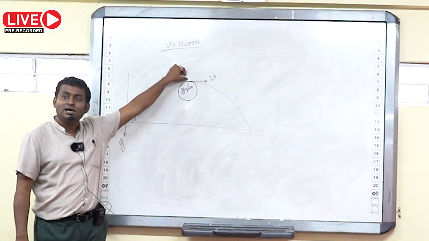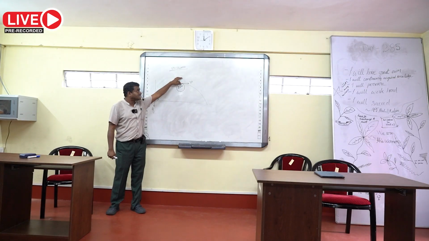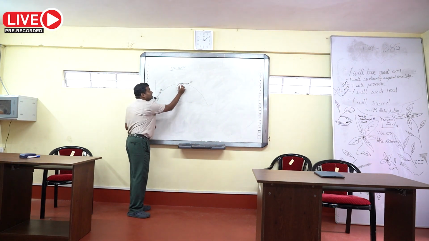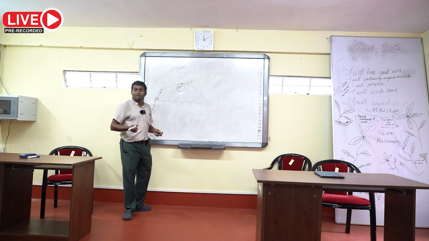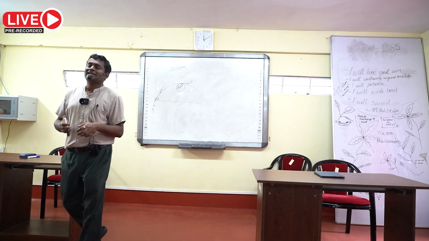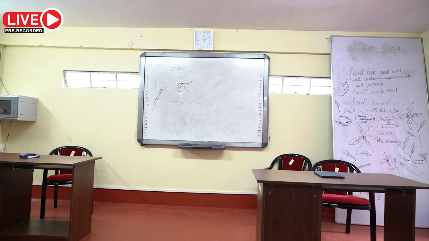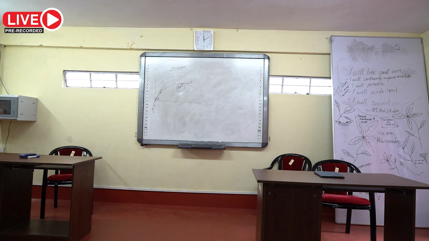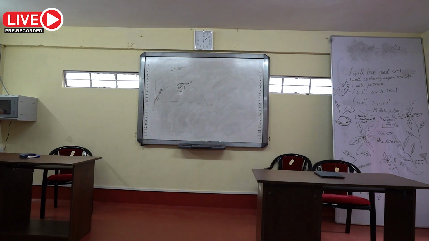Acceleration and V, how much angle? The angle is 90 degrees, because the acceleration vector is along the radius and the velocity vector is along the tangent to the path. So 90 degrees.